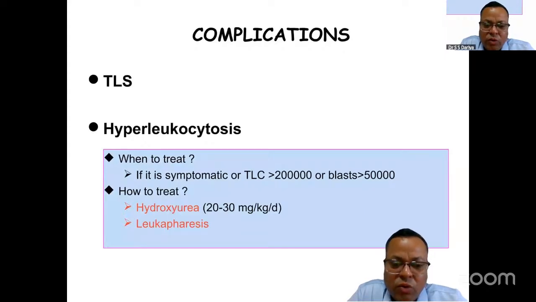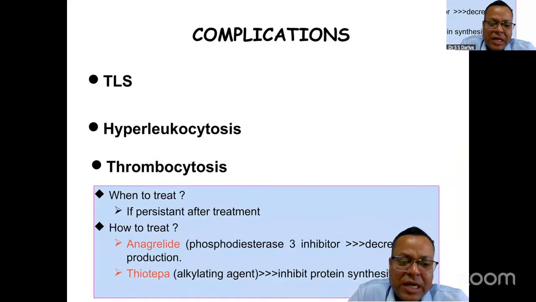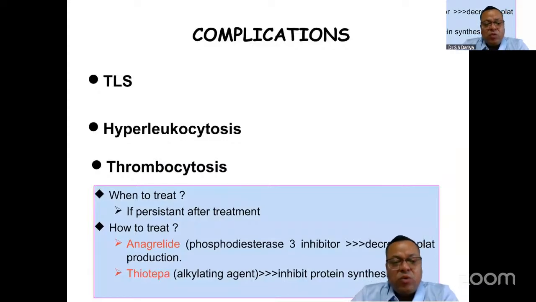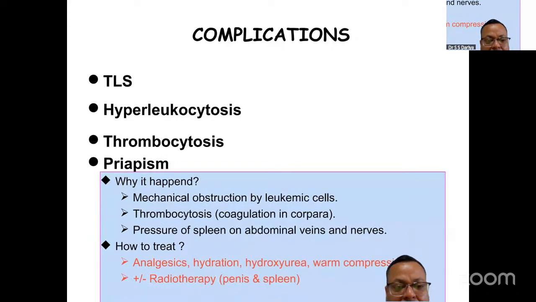So we have to give either leukapheresis or hydroxyurea to treat this TLS. Then thrombocytosis, when to treat? If it is persistent after the treatment, we give anagrelide and thiotepa for the thrombocytosis. And last, the complication priapism. Why does it happen?